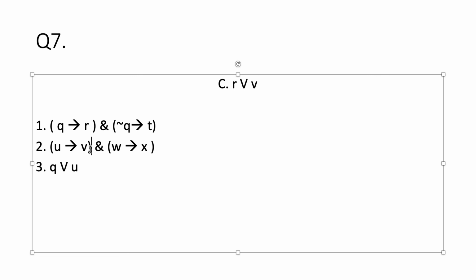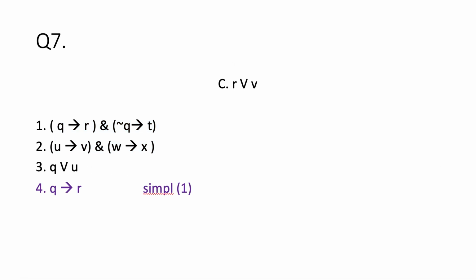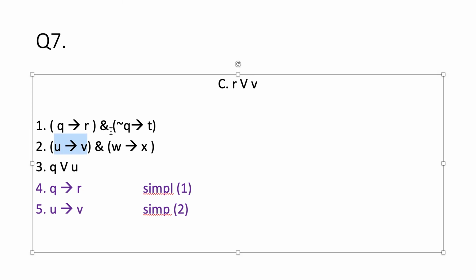So I'm going to isolate this conditional and this conditional, which I can super easily because they are just conjuncts in a conjunction. So I'm going to do that first. I'm going to get this conditional on its own, simplification on 1, then simplification on 2 to get this conditional on its own.